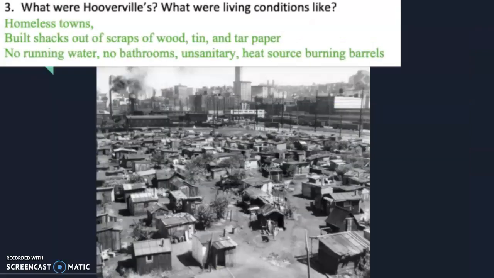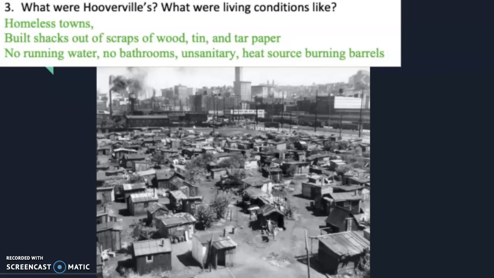As far as Hoovervilles, this is an example of a Hooverville. Basically, there were towns for homeless people, and they would build their houses or shacks, as they were called, out of anything they could find, any scraps. So we're talking wood, tin, tar paper, which was kind of like cardboard. They didn't have running water.